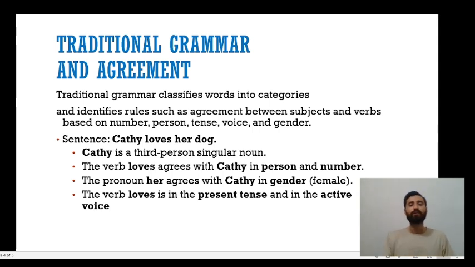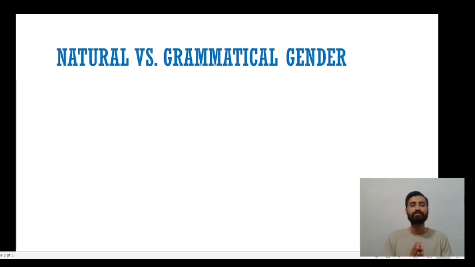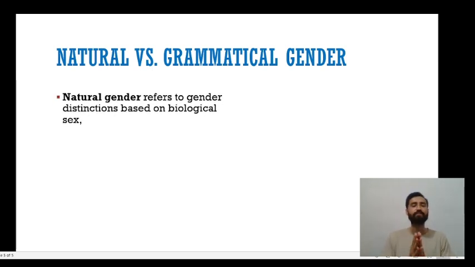The next topic that we are going to talk about is natural gender versus grammatical gender. What do we mean by the first term, natural gender? It refers to gender distinctions based on biological sex. When a baby is born, we can identify on the basis of their sex whether this baby is male or female.